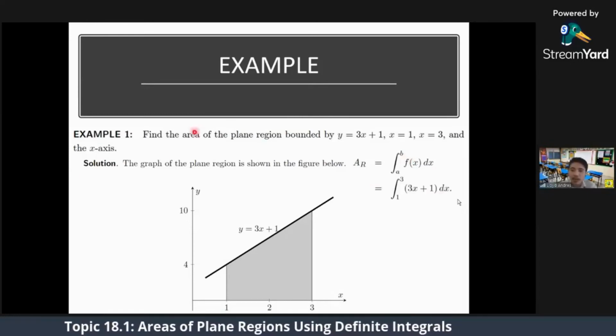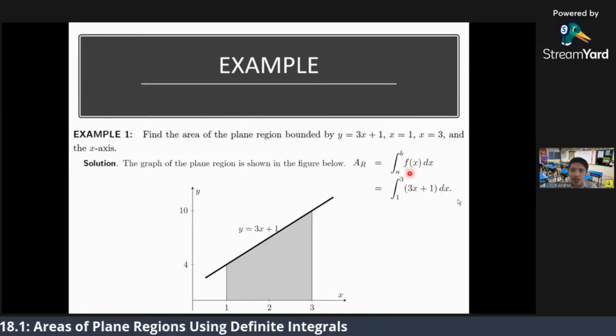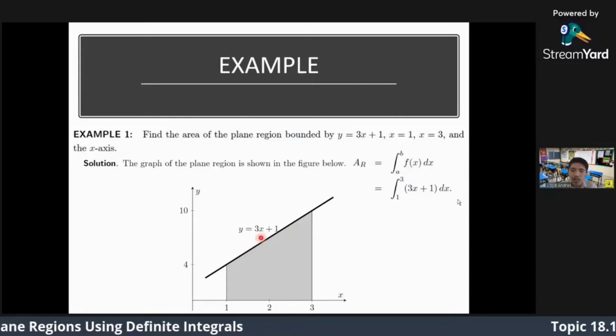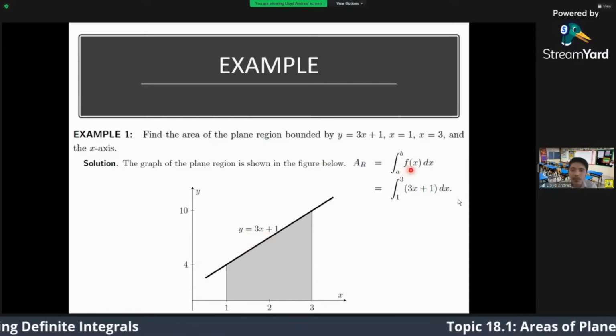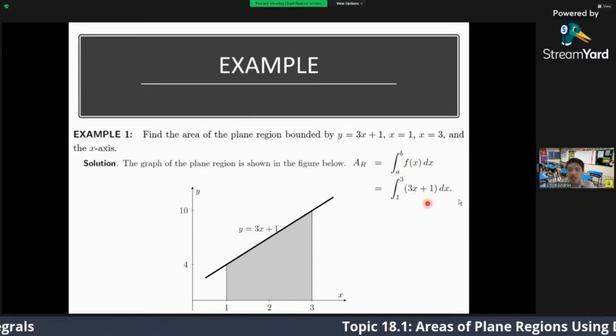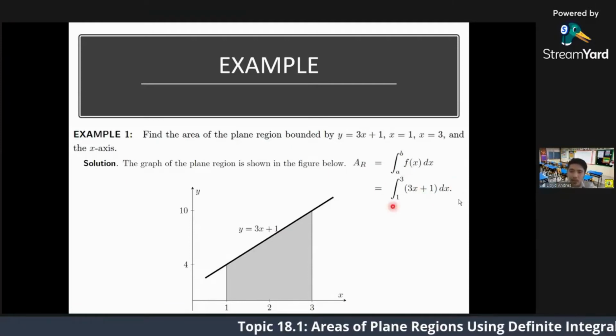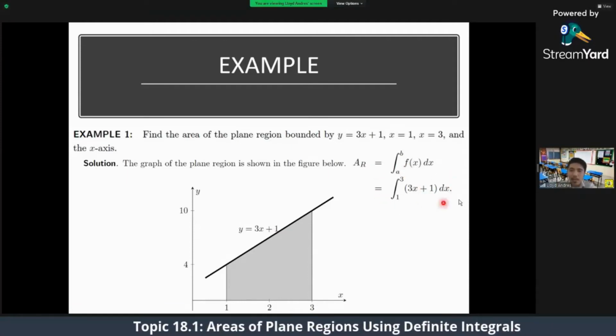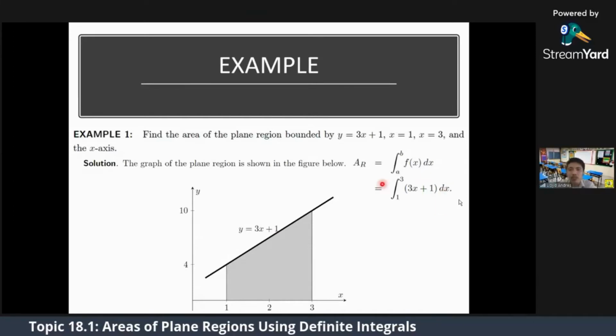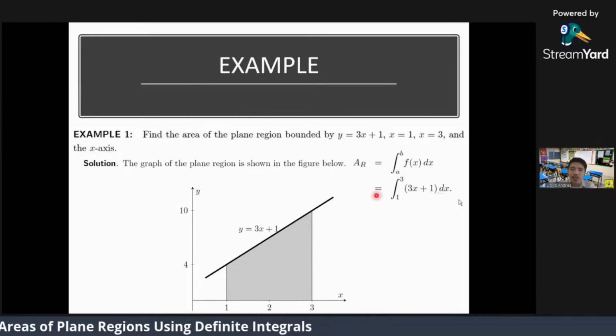Since f of x is given as 3x plus 1, we simply substitute f of x with 3x plus 1, and we can now apply our previous skills in solving definite integrals.